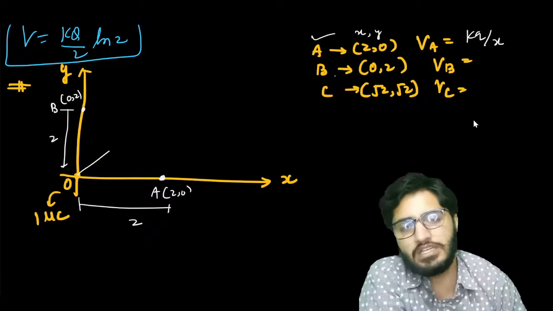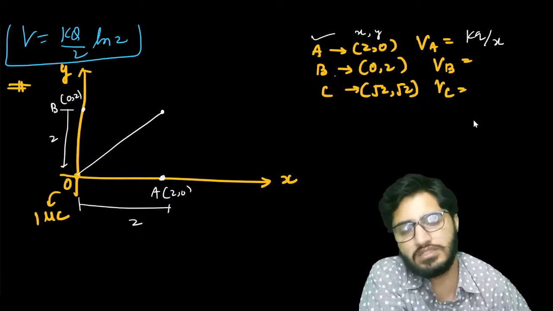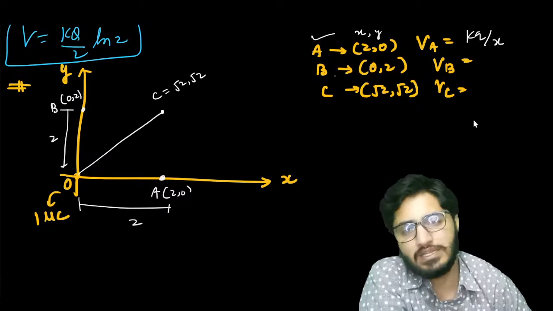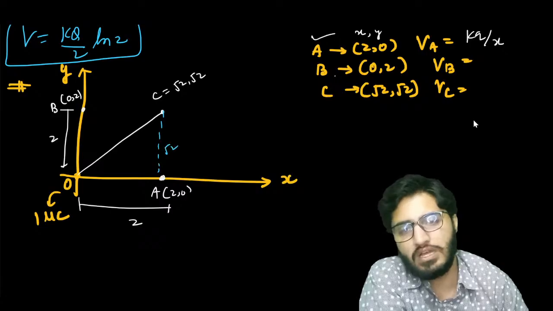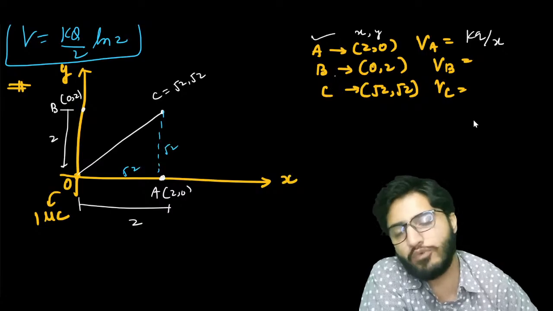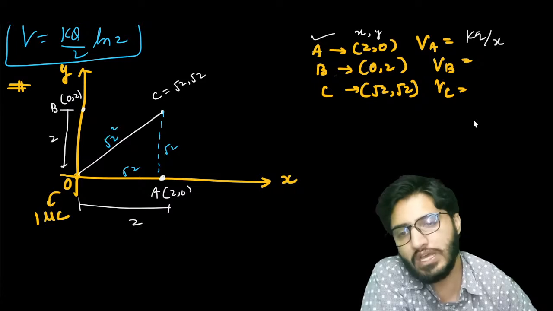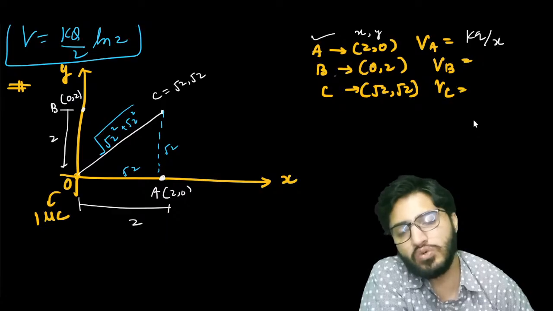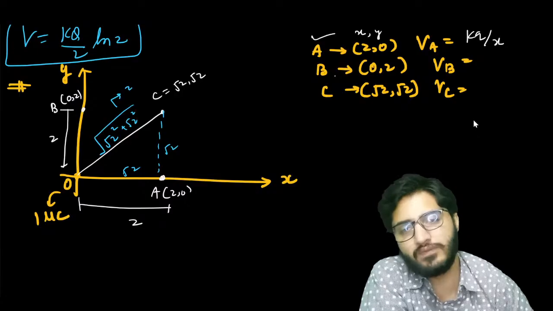Now C is here, with coordinates root 2, comma root 2. That simply indicates this side is root 2 and this side is root 2. So what will be the hypotenuse? It will be the square root of root 2 squared plus root 2 squared, which simplifies to 2 and 2 is 4, so the answer is 2 here.